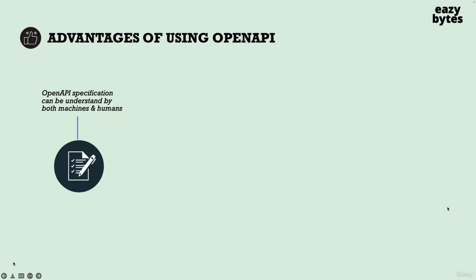So when I say machines, there are a good number of tools that analyze your OpenAPI specification based upon the standards, and once they understand it, they will perform the desired output for which they have been developed by the open source community.